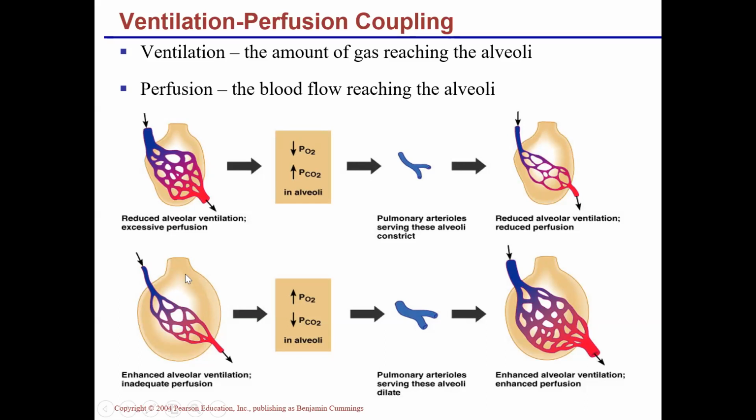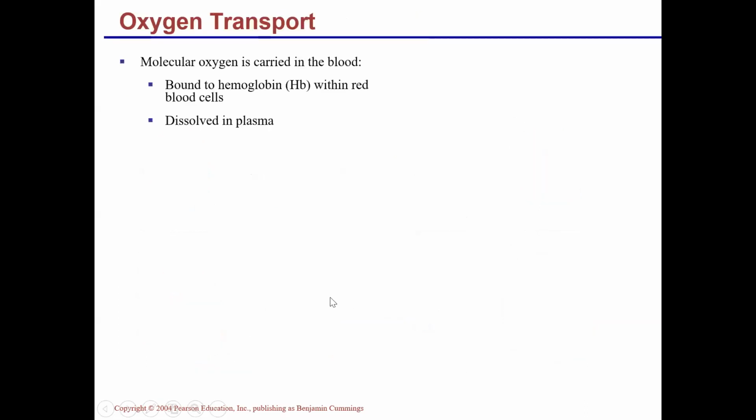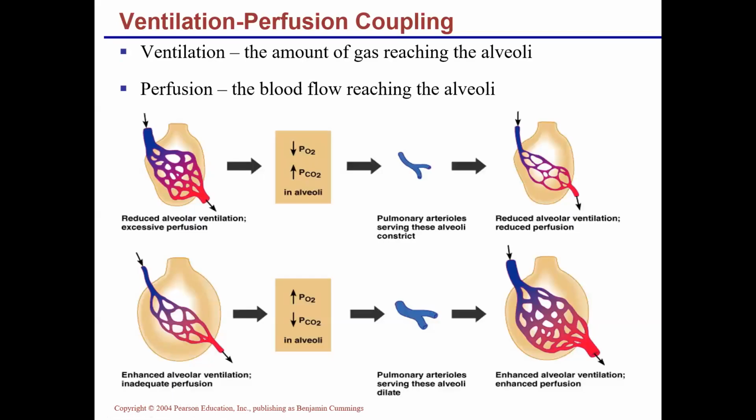If you look at this one, if there is a lot of air coming into this area in the lung, then the blood capillaries will dilate to allow more perfusion, allow more blood coming to this area to do gas exchange with the lung tissue.